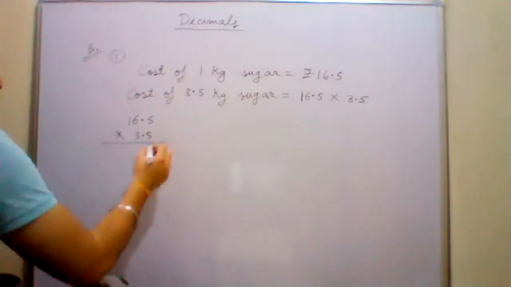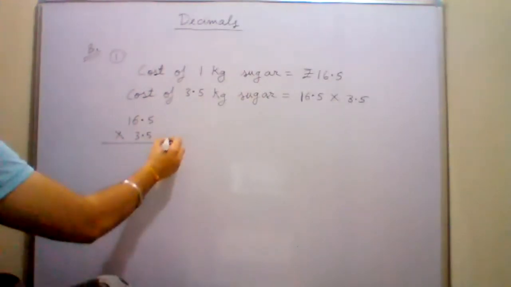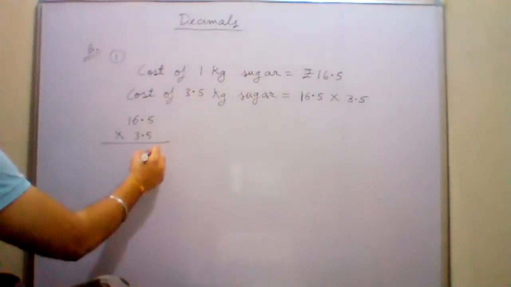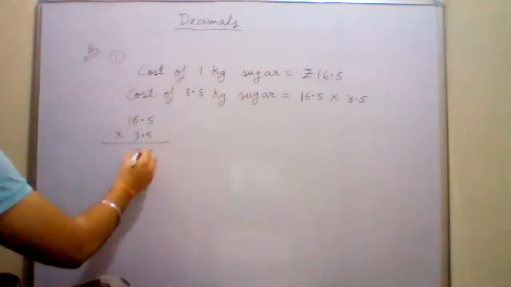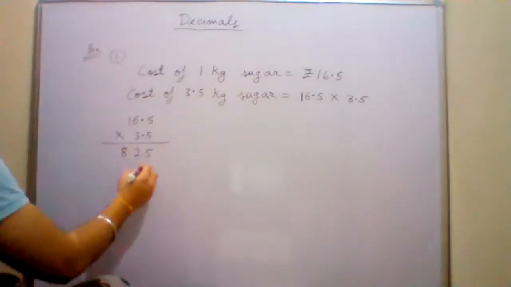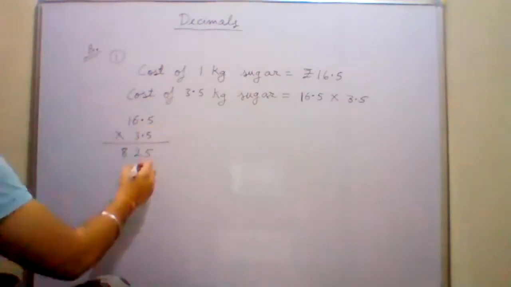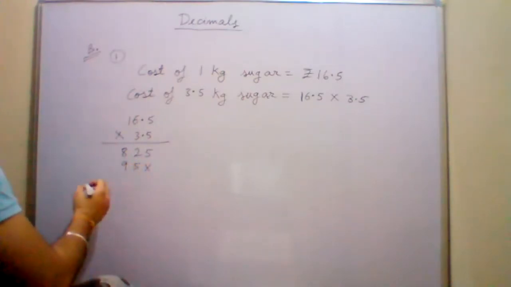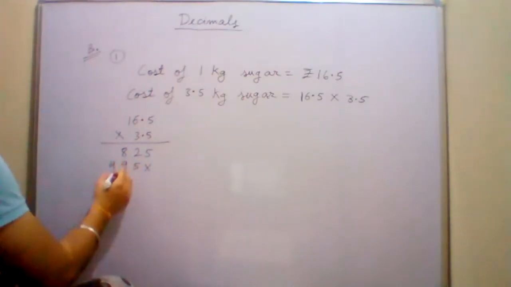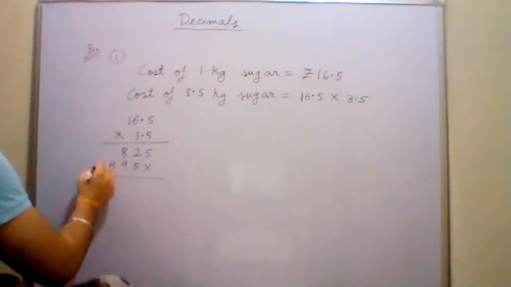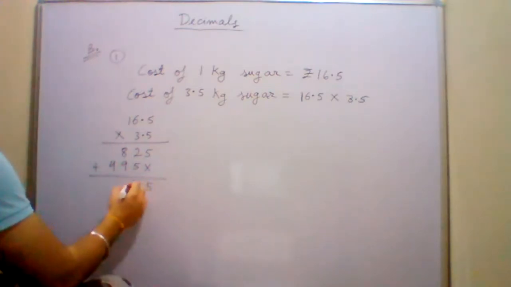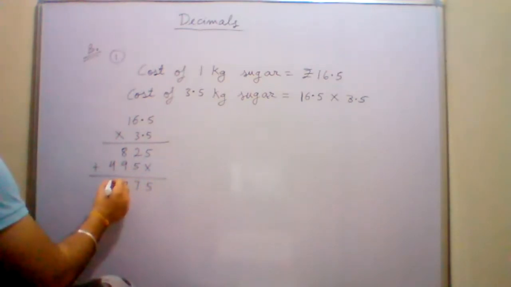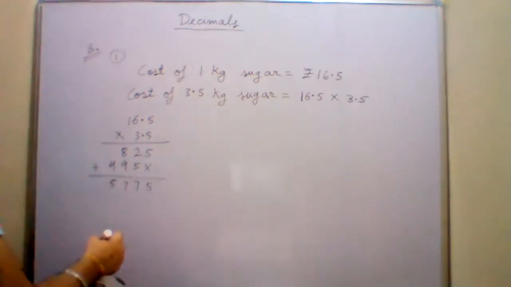Do you all know how to multiply? So 5 into 5, 25, 3 5s are 15, and so on. The sum is 5775.